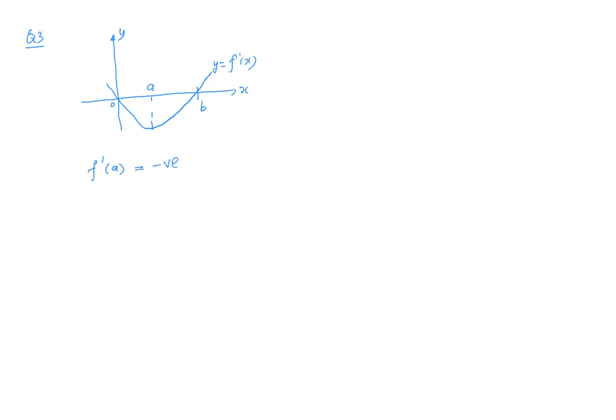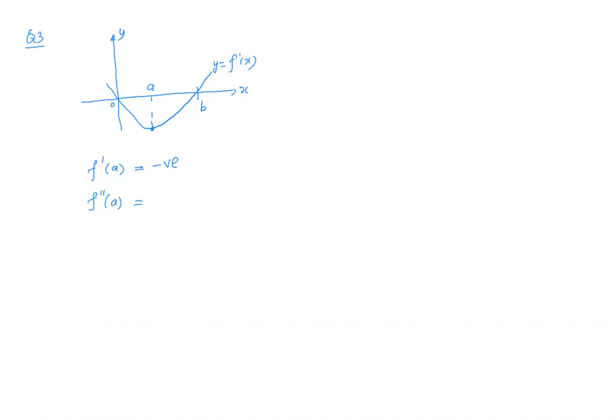How about f double prime A? This is a stationary point of f prime x. So f double prime A will be? Is it positive? Okay, why is it positive? You tell me.